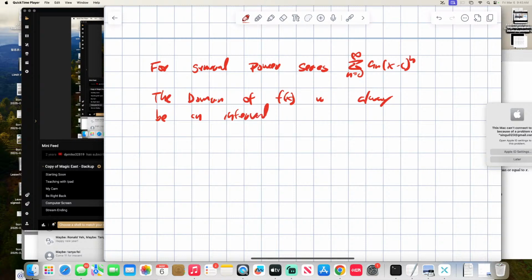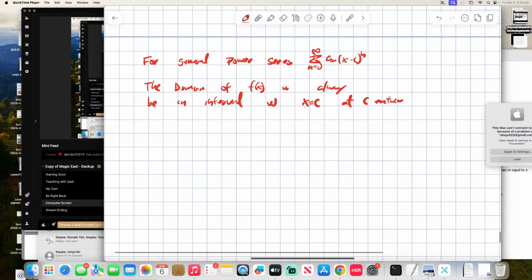For a general power series, the domain of x is always an interval with x equal to c at the center.